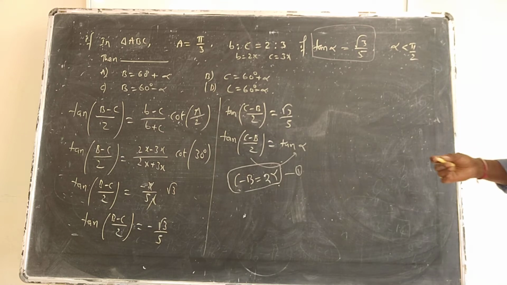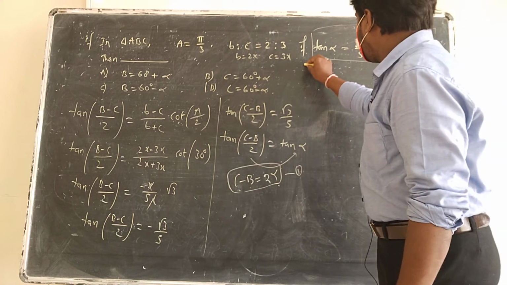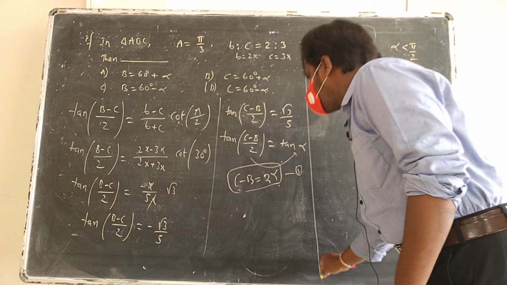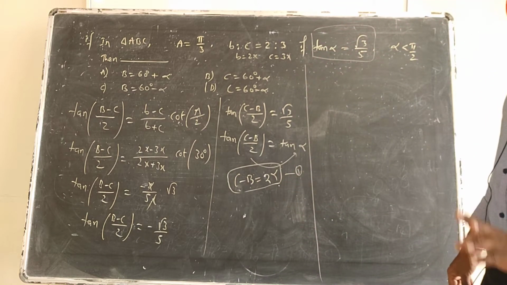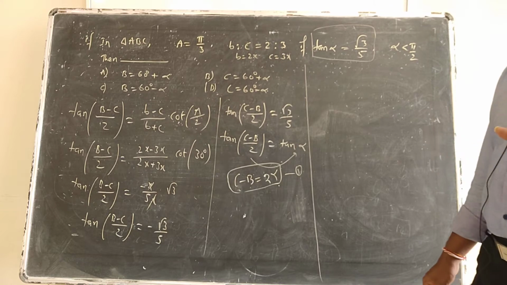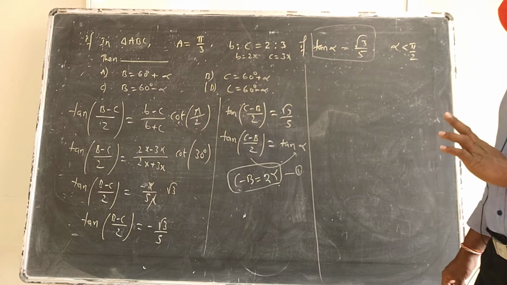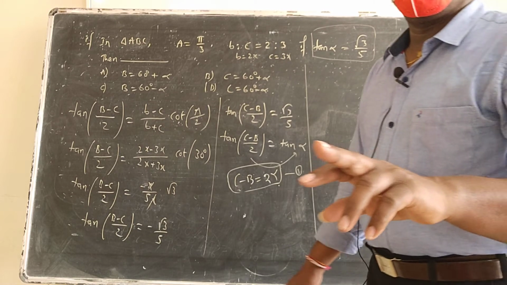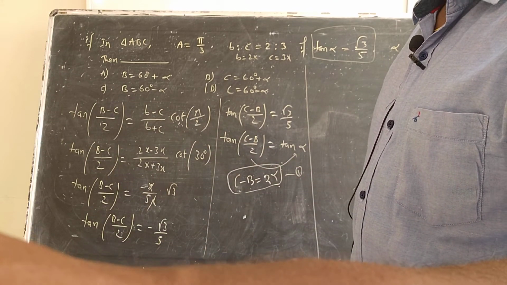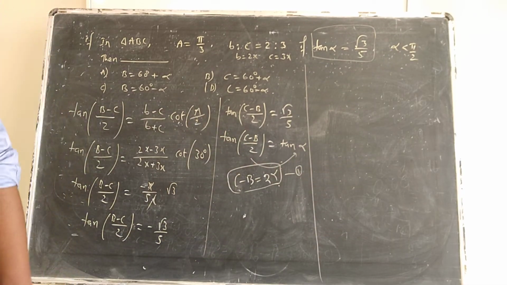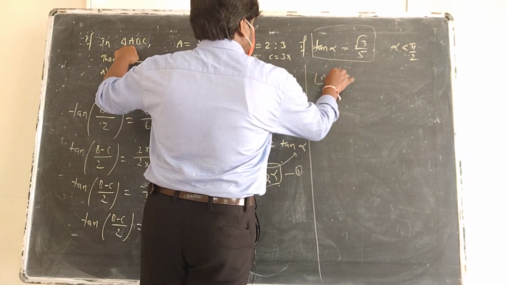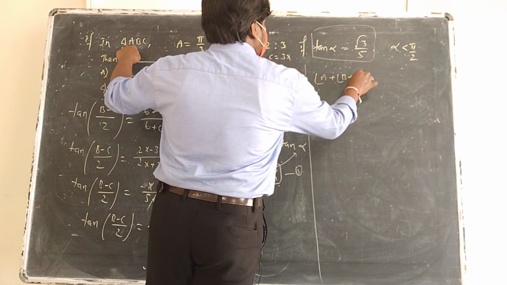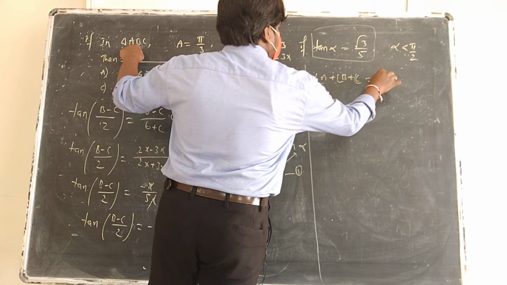Now I have to go for another one. Okay. Are you getting it? C minus B, how much you got? 2 alpha. Right? Any problem? Is it okay? Fine. So how do you get C plus B? Tell me. Sum of the angles in a triangle is how much? Angle A plus B plus C is equal to 180 degrees.